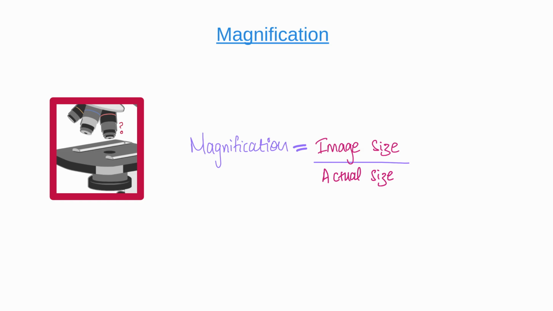Magnification is equal to the image size over the object size. That means that the image produced that you see from your eye is going to be in the numerator, and the object itself, as small as it is, is going to be in the denominator. So you will divide the two in order to get the amount of magnification or the multiplication of the size of the specimen.